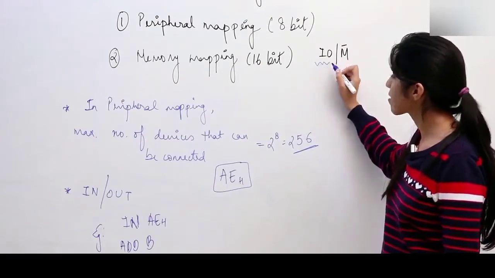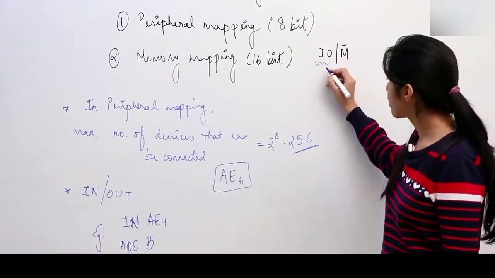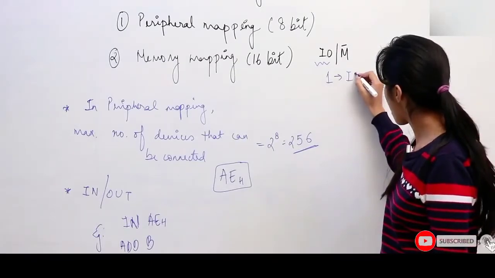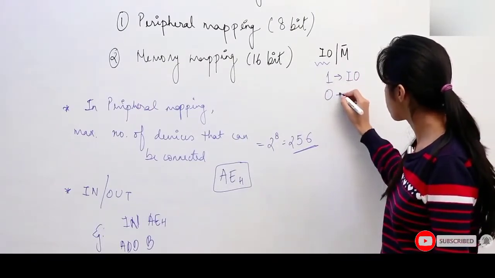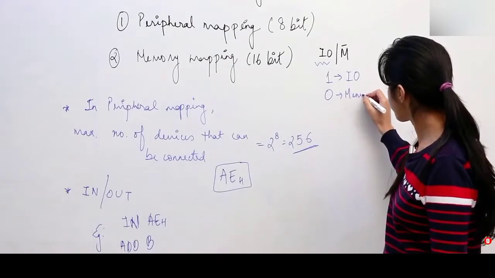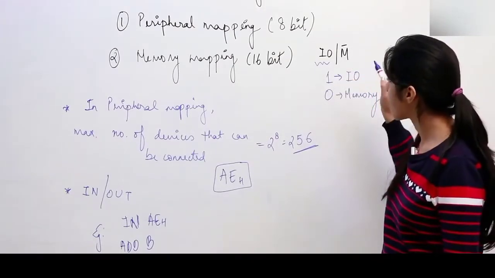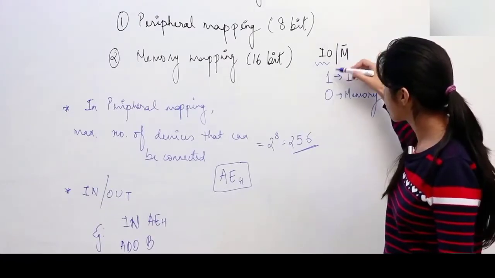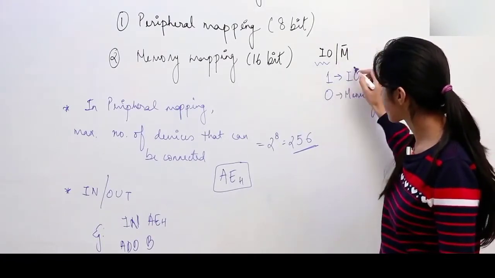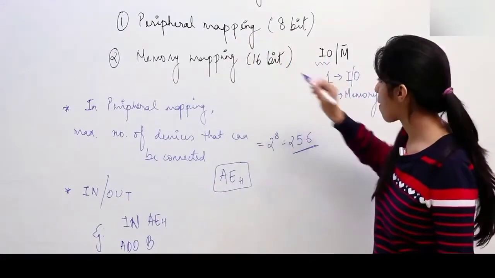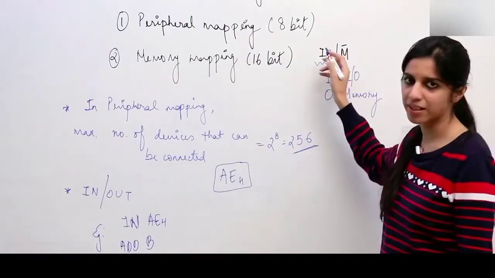If we have connected some input output device, then the status of this pin is going to be 1. If this pin is 1, IO is selected. If this pin is 0, memory is selected. Memory is active low, IO is active high. So if this pin is 1, IO is selected, input output devices are connected, then this will be 8-bit peripheral mapping, and if this is 0, memory is selected.